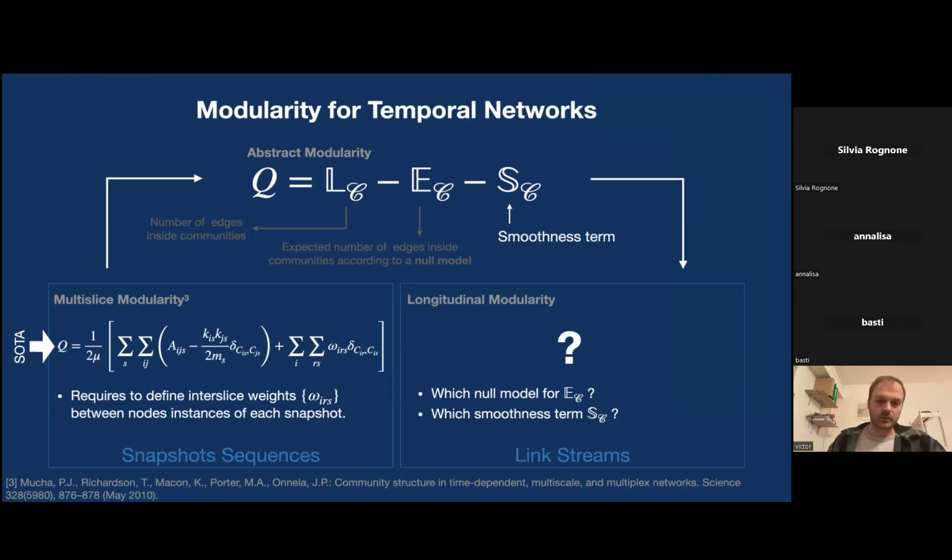And the problem with that is that you have to define the weight of the interslice edges between two node instances. So it's kind of arbitrary, you know.